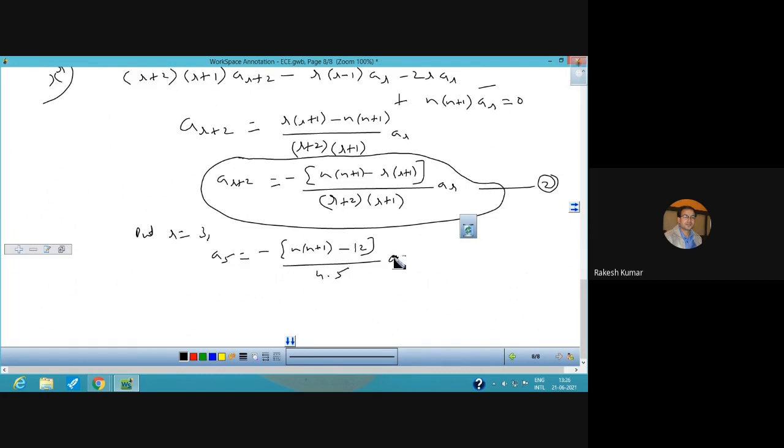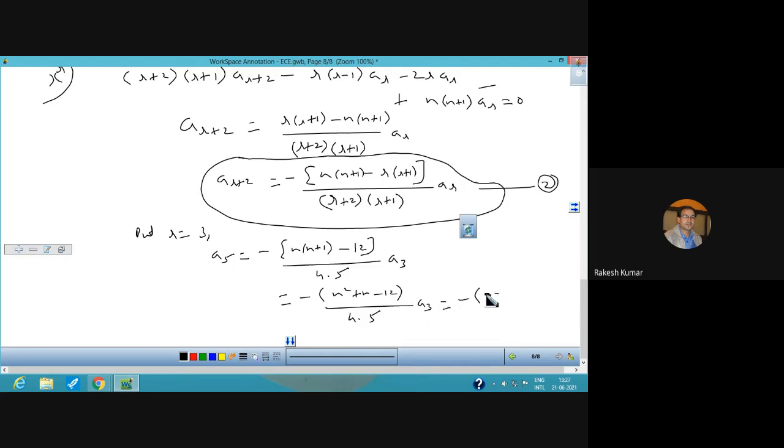So 4 into 5 into a3. Now you can substitute the value of a3 also, and first of all, this is minus n squared plus n minus 12, and divided by 4 into 5 into a3.